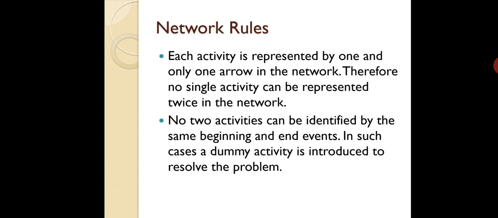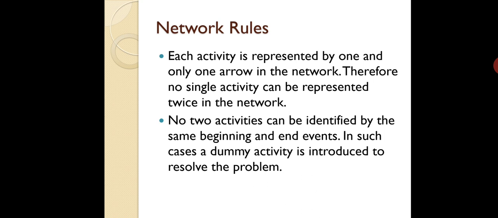Now, what are the network rules? Each activity is represented by one and only one arrow in the network. Therefore, no single activity can be represented twice in the network. So we will make only one arrow for one activity. No two activities can have the same beginning and end event.